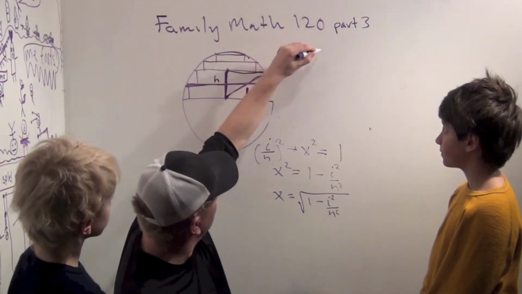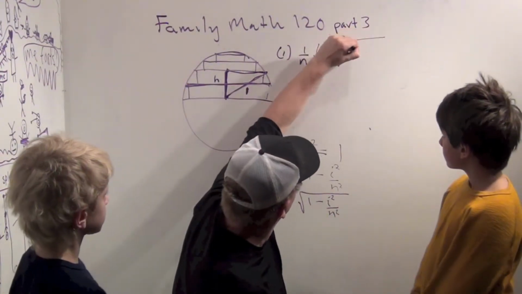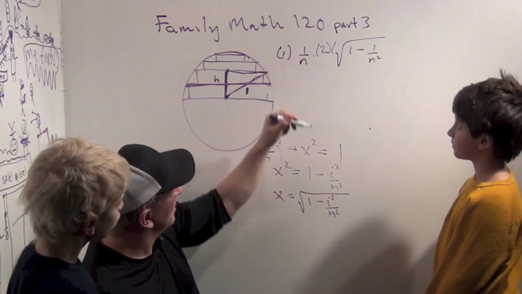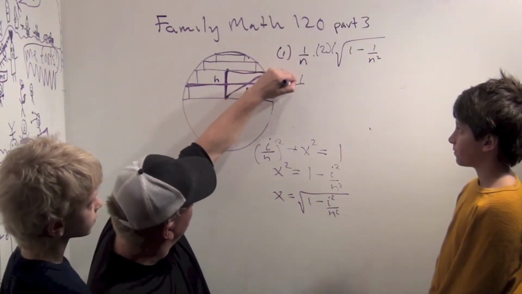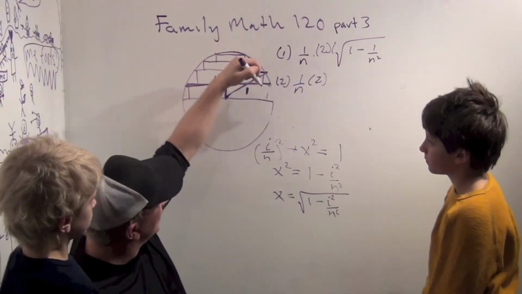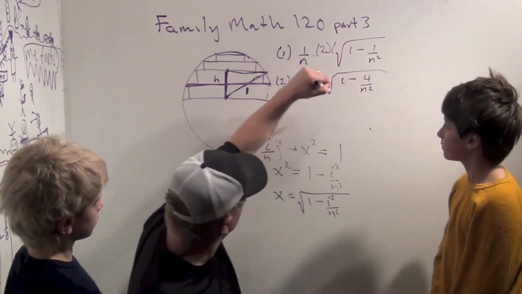So I'll just say times 2 times the square root of 1 minus 1 squared over n squared. This 2 is 1 over n, and then the length is 2 times the square root of 1 minus 4 over n squared.